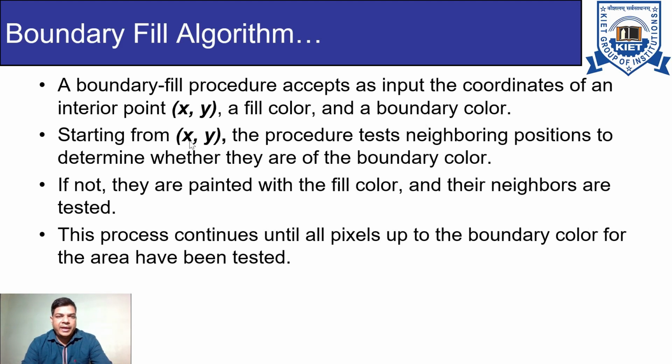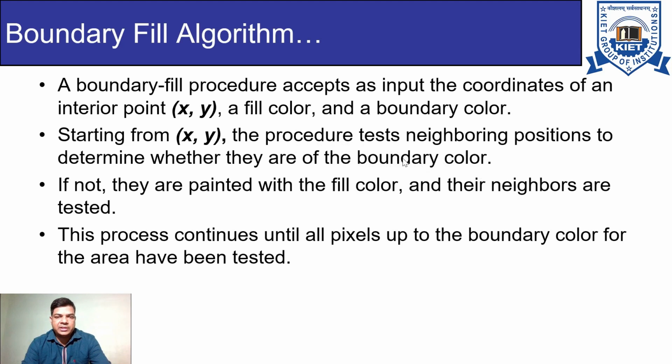Now starting from (x, y), the procedure tests neighboring positions to determine whether they are of the boundary color. So we move in all directions until we find the boundary color.